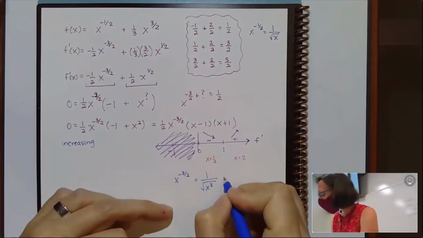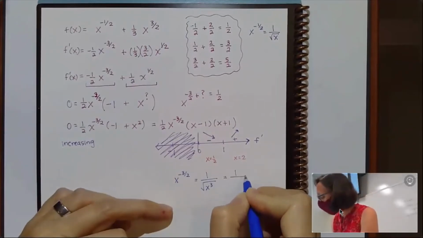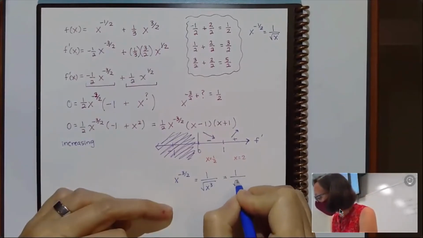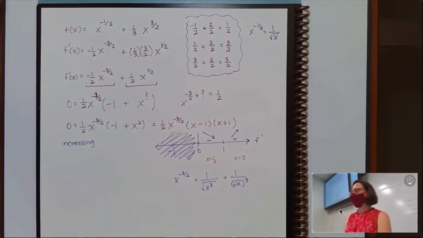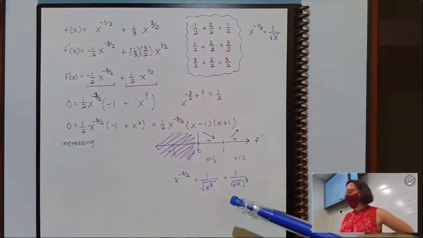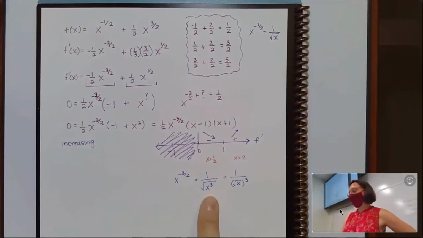But no matter which way I want to play it, if I put in 1/2 and I cube that, it's positive. When I take the square root of that, it's still positive.